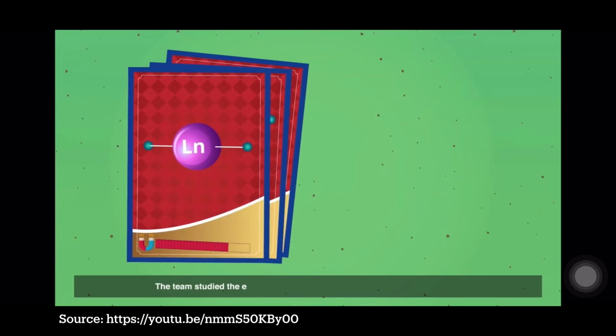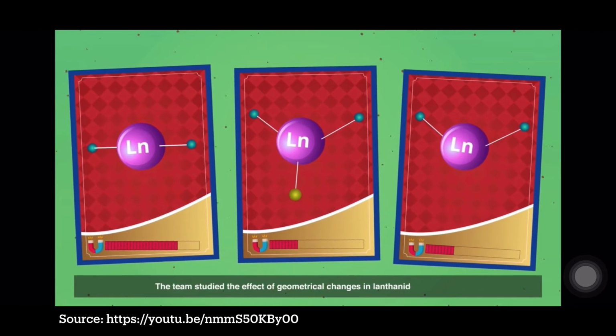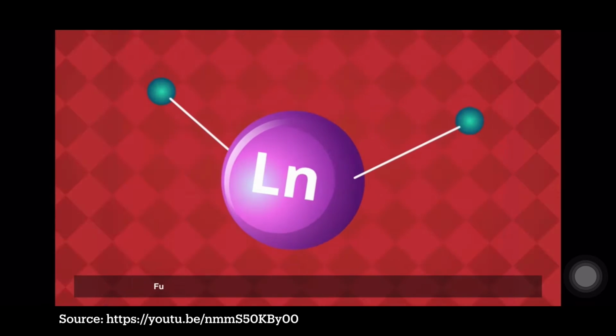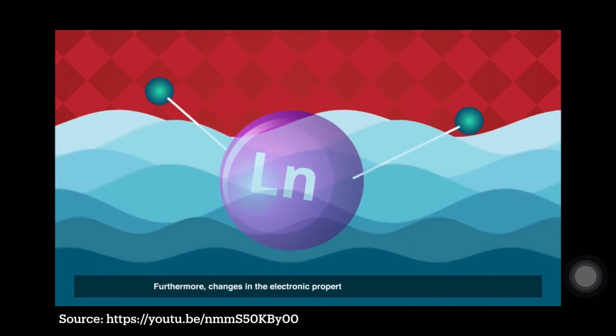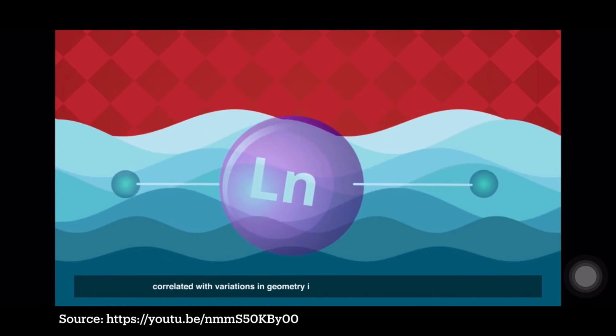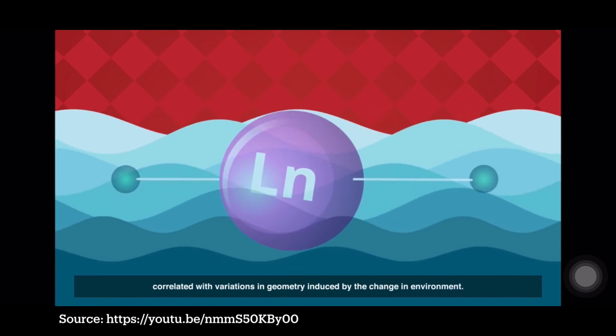The team studied the effect of geometrical changes in lanthanoid complexes with 2 nitrogen donor ligands, going from linear to bent. Interestingly, they noted that in the solid state, one of the complexes exhibited electronic properties similar to its 3-coordinate halogenated parent complex, rather than the axial ligand field behavior that was predicted. Furthermore, changes in the electronic properties of this complex in solution correlated with variations in geometry induced by the change in environment.